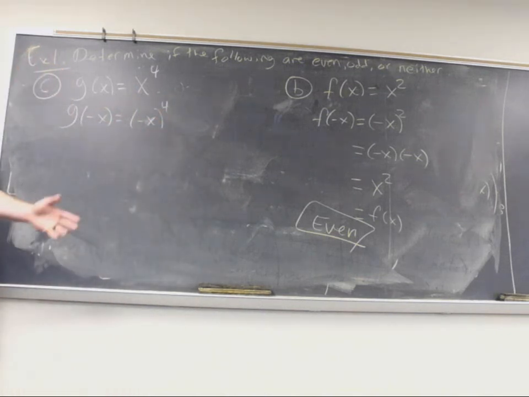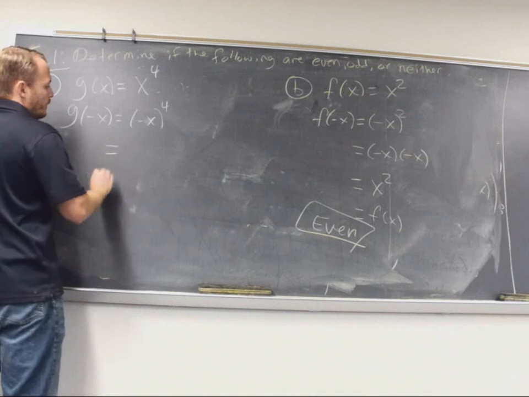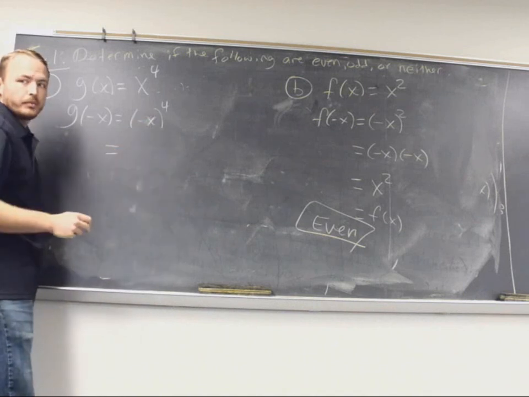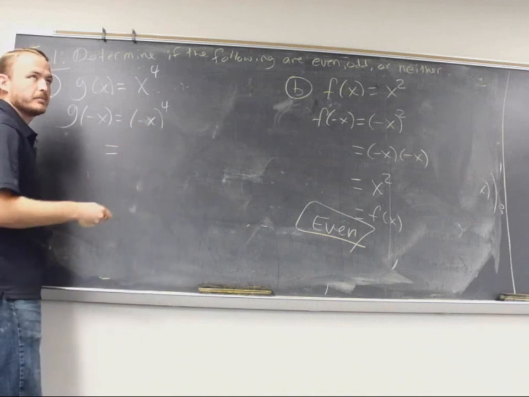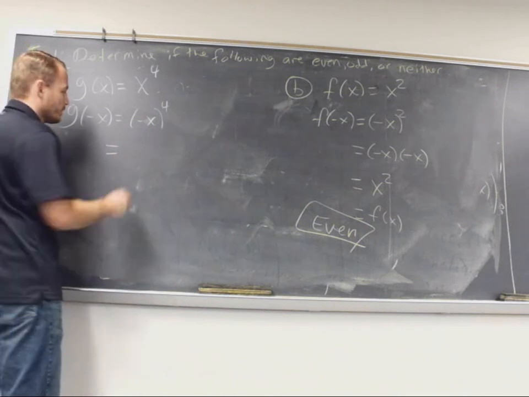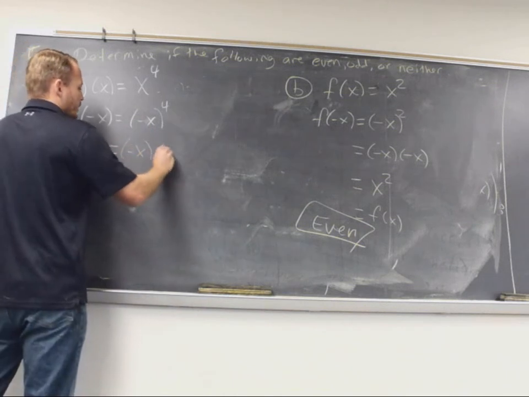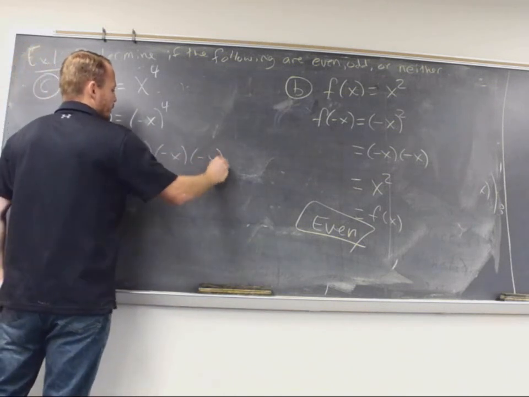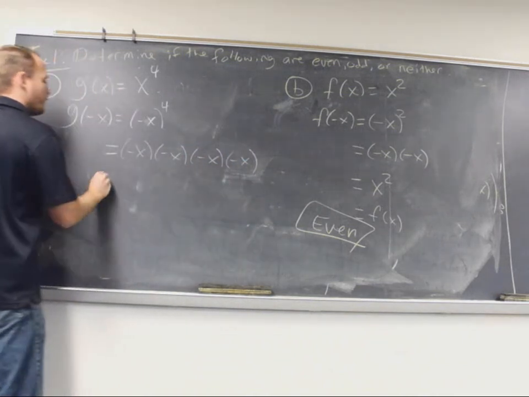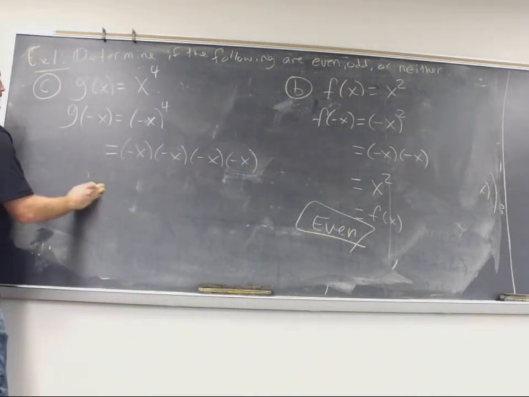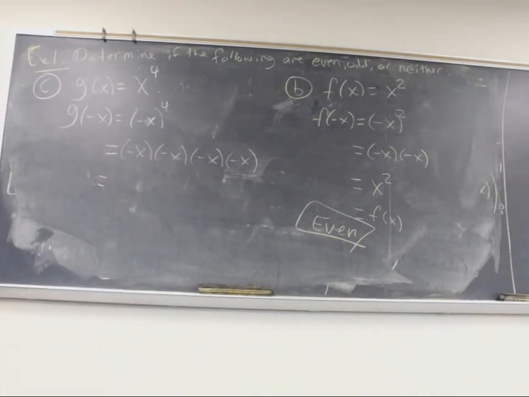And then let's expand this out and multiply and simplify it. So negative x to the fourth means I'm multiplying negative x times itself 4 times. Negative x times negative x times negative x times negative x. Now let's simplify it.